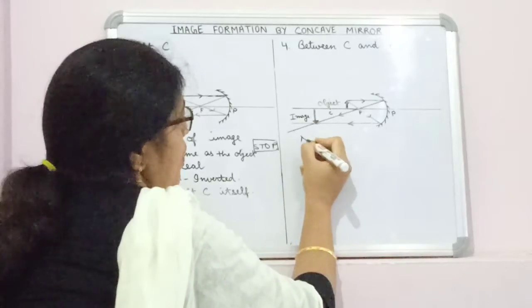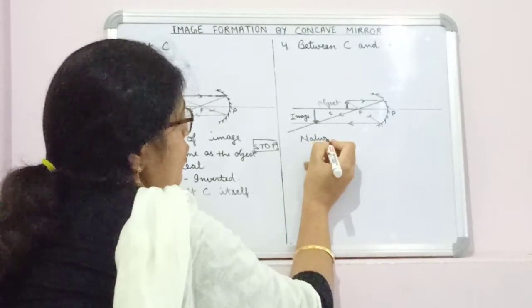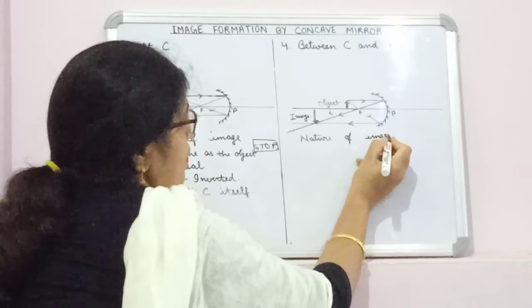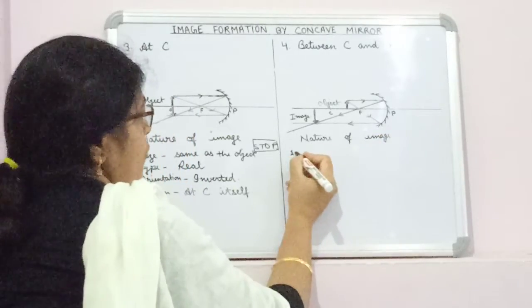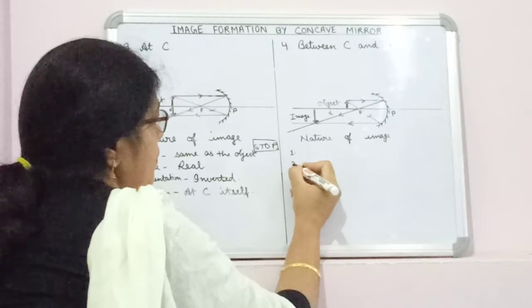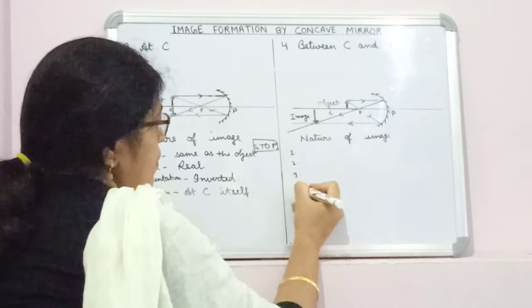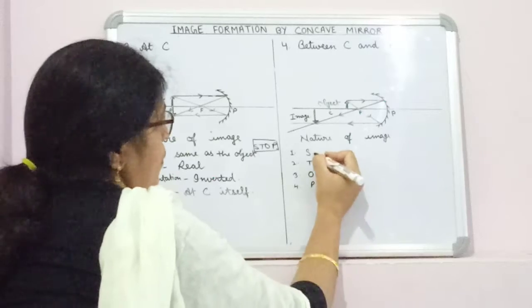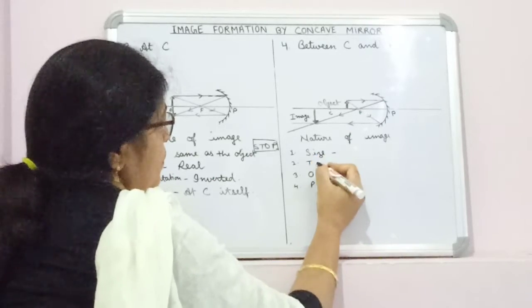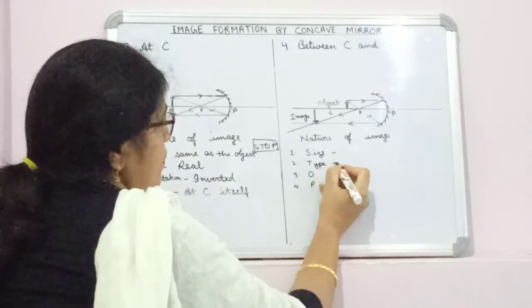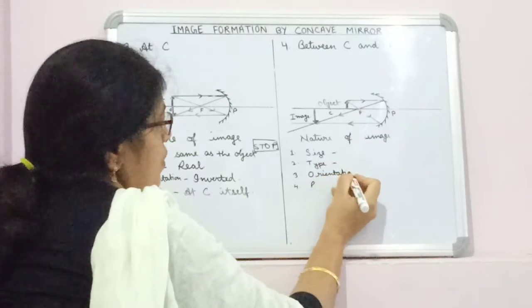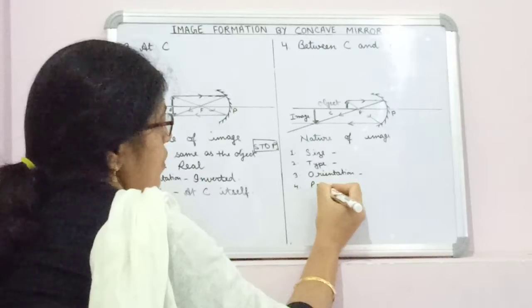And now we can write the nature of the image also. The 4 points we have: STOP, size, type, orientation, position.